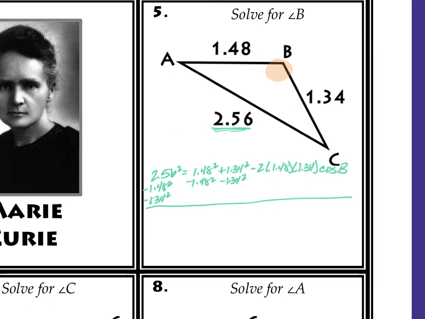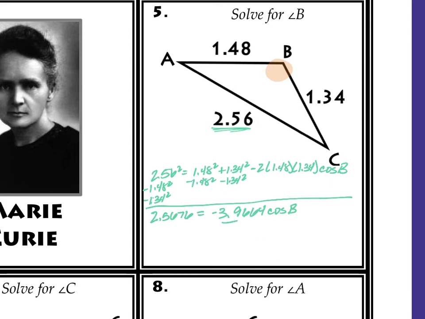So I got here on this side after I subtracted them, I got 2.5676. And then that equals negative 3.9664 cosine of B. And I just kind of looked at my calculator and I noticed that it ended after 4 decimals, so I didn't want to round it. So I wrote all 4 decimals in there.